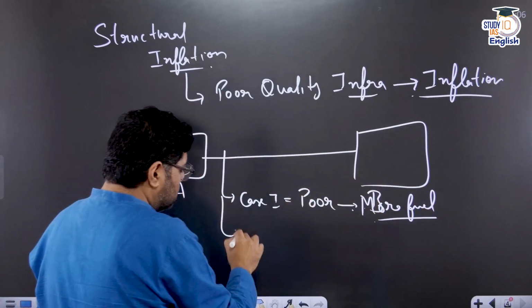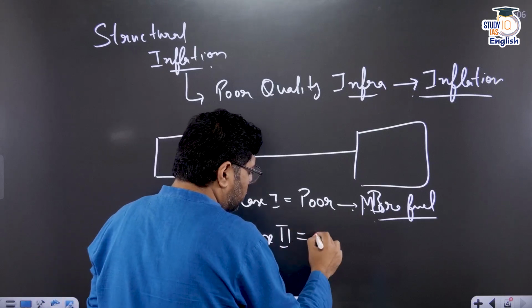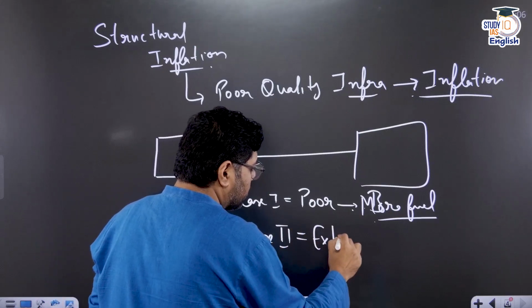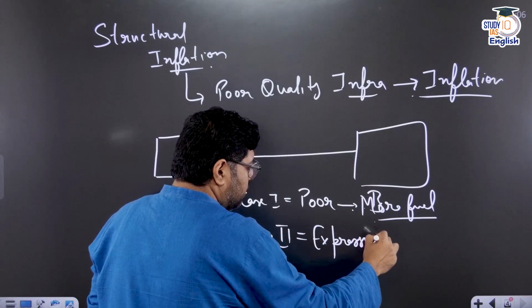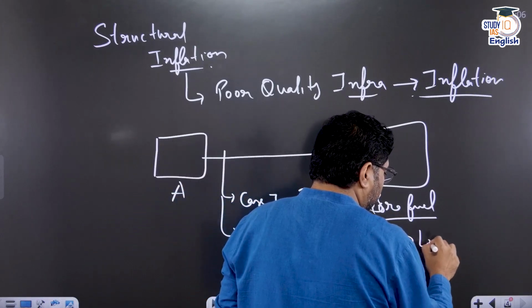Now suppose in case 2 the quality of road is very good, or it's an expressway. Ultimately you will see that under the expressway less fuel will be used.